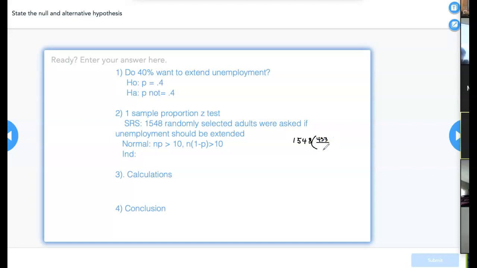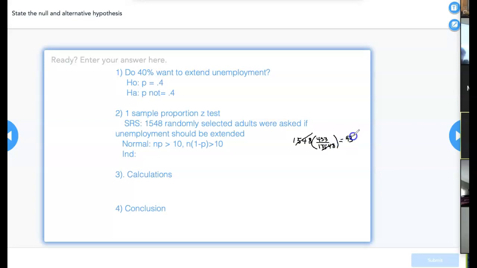I think it ends up being like 29% or something like that. All right, so this is basic math right here. Cancel. And we get 433.